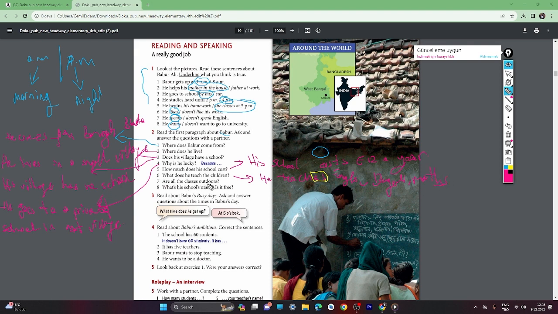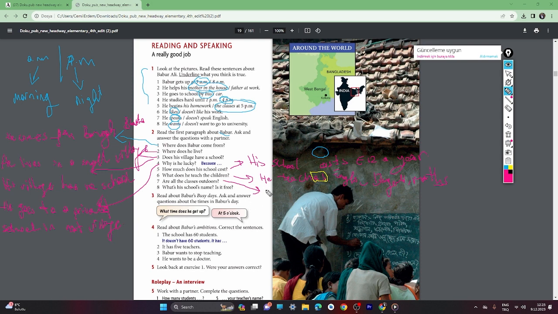Okay, are all the classes outdoors? Because there is no school, some of the classes are outdoors, but some of the classes are in the school which is made by bamboo huts.